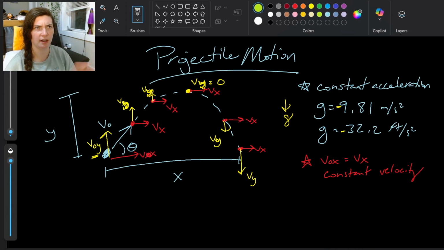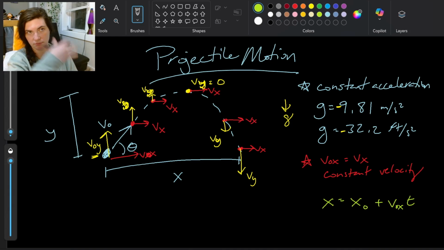But I'll spare you the derivations of all of these, and we'll just look at the equations here. So for my x, x is x naught, our initial position, plus v naught x times t. So that's our x component of the initial velocity times the time it takes to go through that loop, wherever we're looking at on our curve.